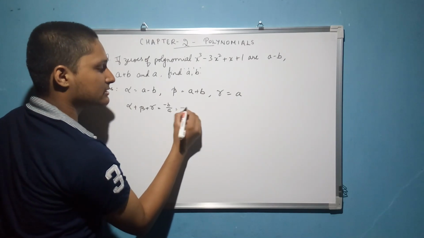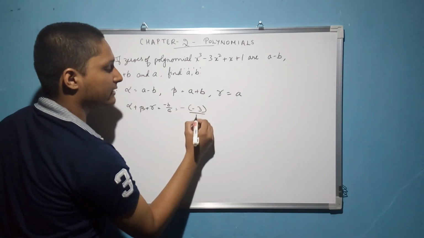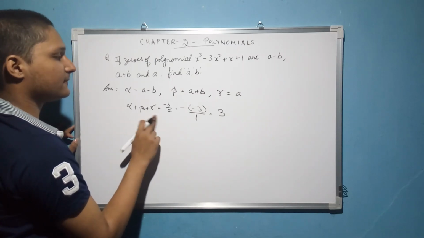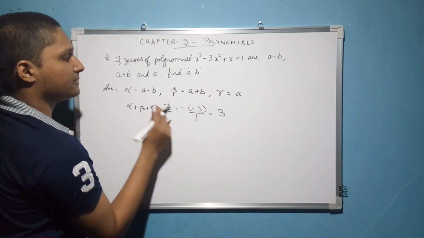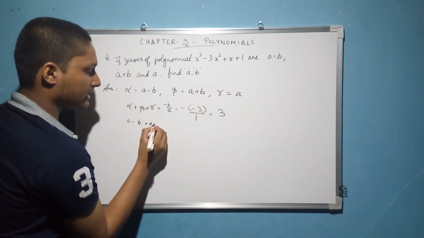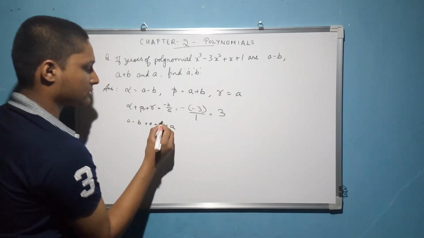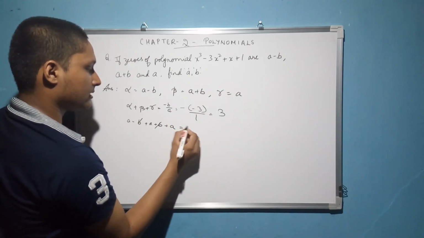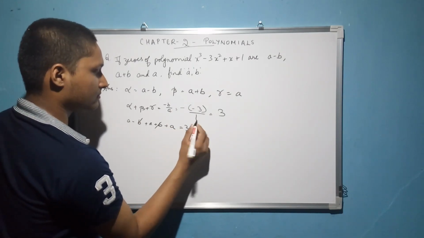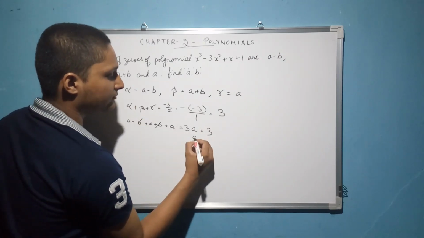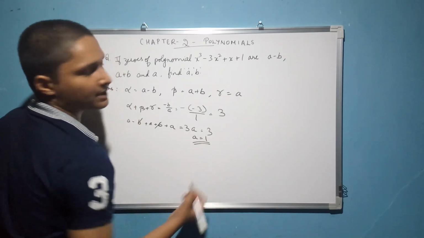So this comes to be minus of minus 3 divided by 1, that is 3. What is alpha plus beta plus gamma? I should add these: a minus b plus a plus b plus a. The b's cancel, that comes to be 3a, but alpha plus beta plus gamma is equal to 3, right? Therefore a is equal to 1.